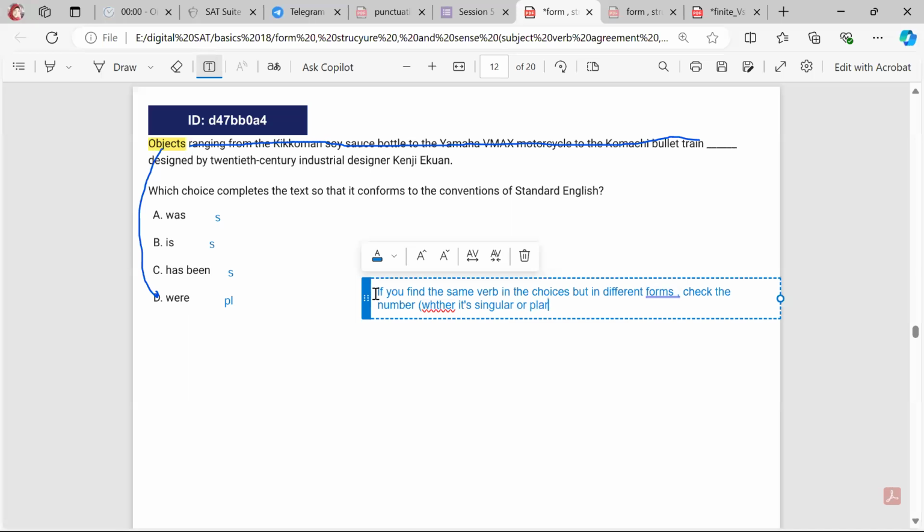If you find this singular and plural, that's a subject-verb agreement question. Okay, type.